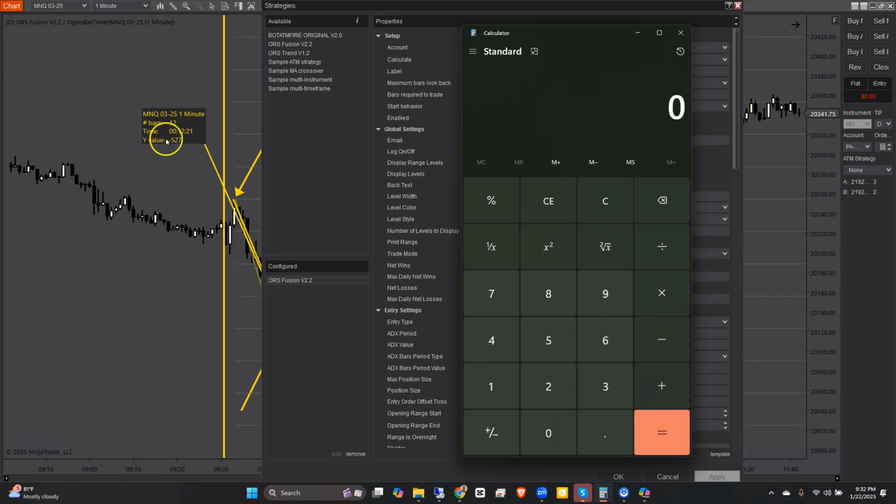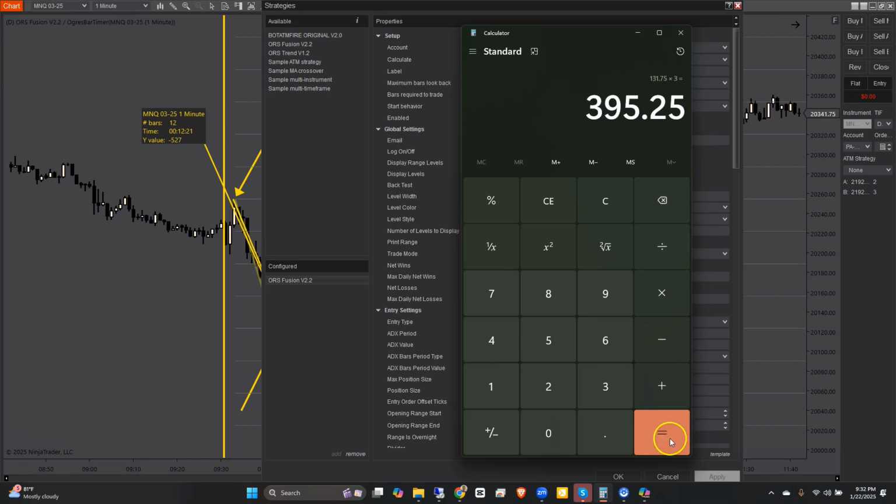I'd rather do 527 divided by 4. That's 1 micro on my 50K account. $131 trade. Now I can lose up to 3 trades before the system stops trading. In this worst case scenario, I always look at the worst case scenario before anything else. Making money's one thing. Losing money's a whole other. I want to preserve my capital.